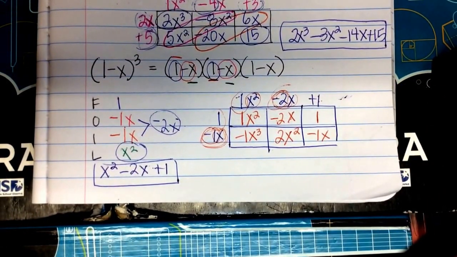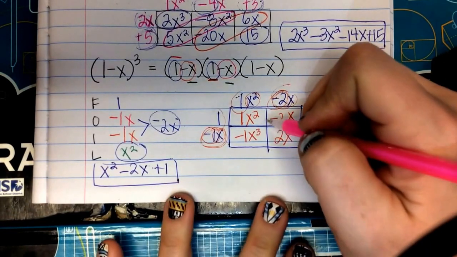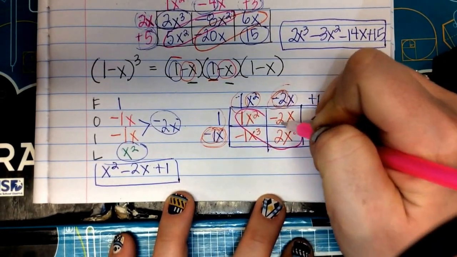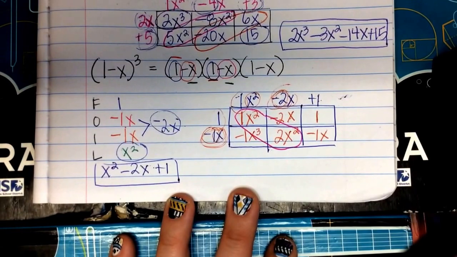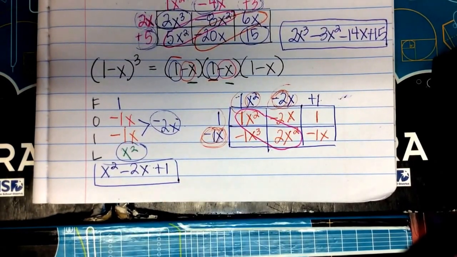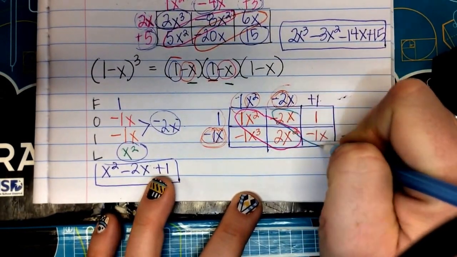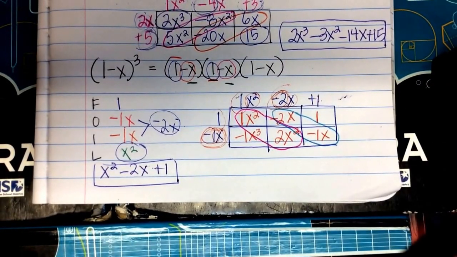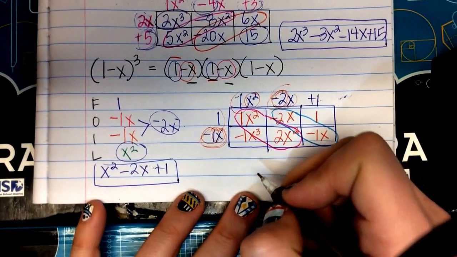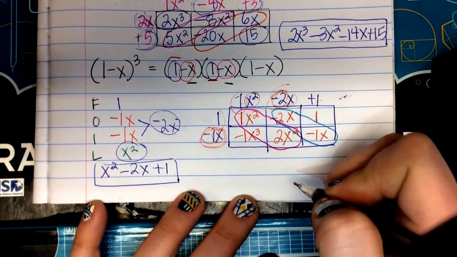Let's look diagonally. Can anything simplify? 1x squared and 2x squared can go together. And negative 2x and negative 1x. Write it in our standard notation. What comes first?